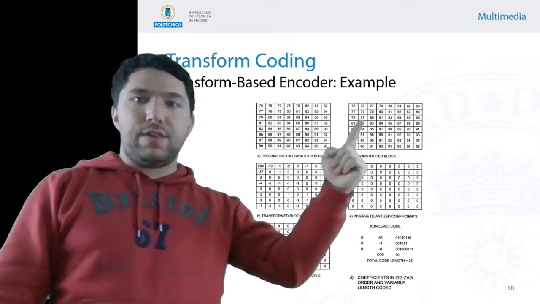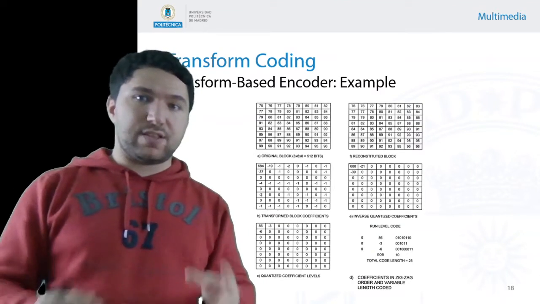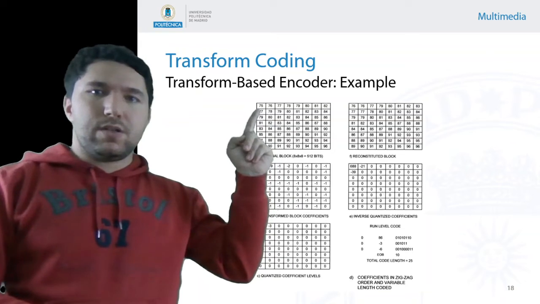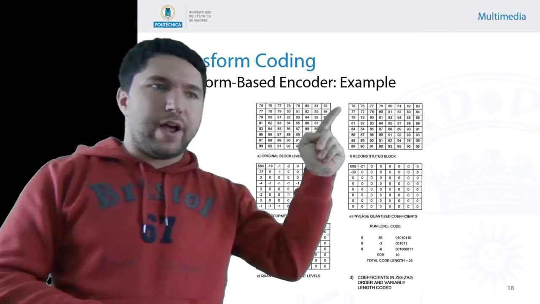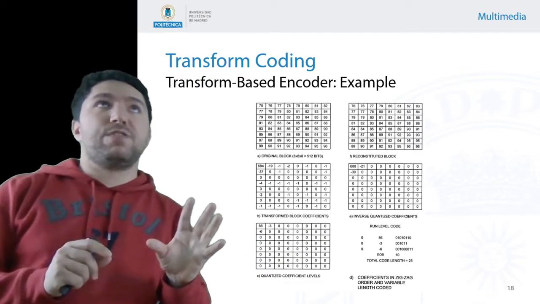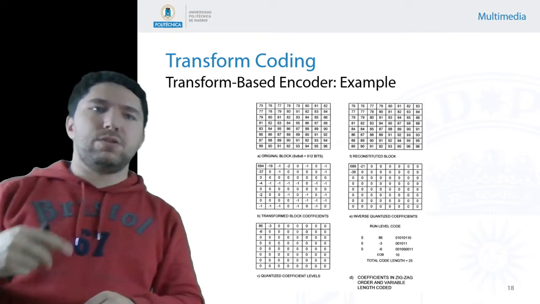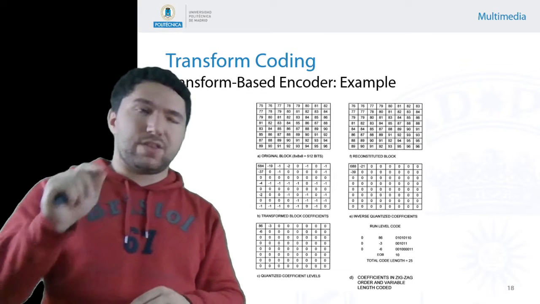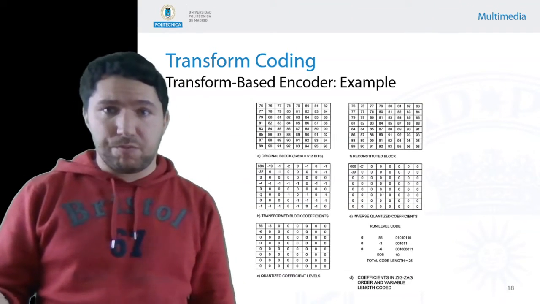Okay, so this is again the reconstructed block, and if I check, I had in the original block 75 here, and in the transformed one, I have 76. So instead of 75, I have 76. Is my eye able to notice the difference from 75 to 76? I don't think so.